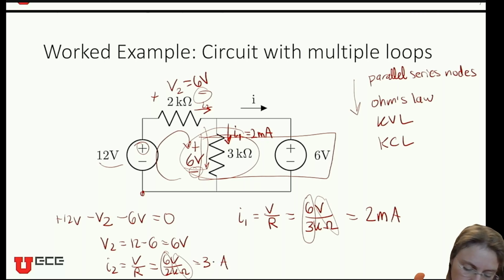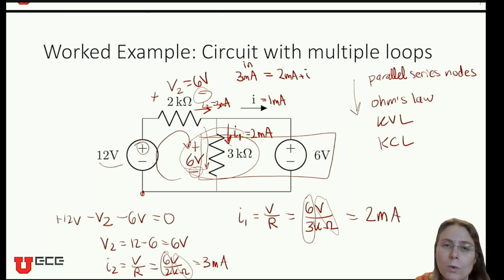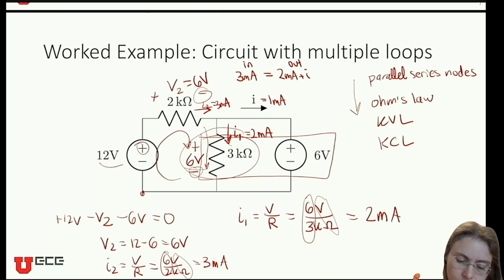And no prefix divided by kilo gives milli. So I have 3 milliamps here now flowing into this intersection. And I have 2 flowing out here. So that means that there must be 1 more flowing this way, because 3 milliamps went in and 2 milliamps plus I went out of the intersection.